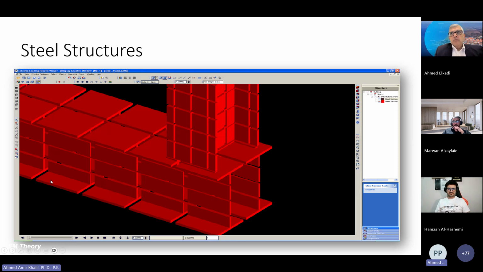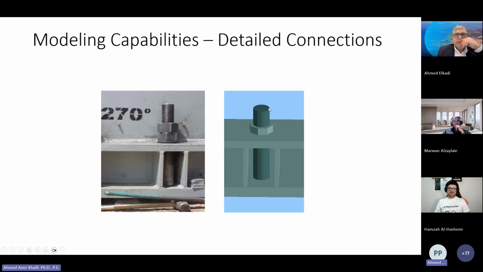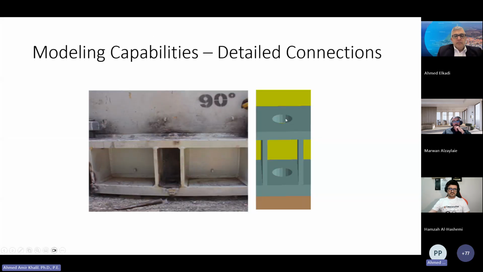The meshing does not have to have full compatibility at the nodes, and because of that, you have more flexibility. You can have coarse mesh next to fine mesh without issues. You can go to that level of detail, modeling every bolt. If you have a missing bolt in a forensic study, you can model the missing bolt.